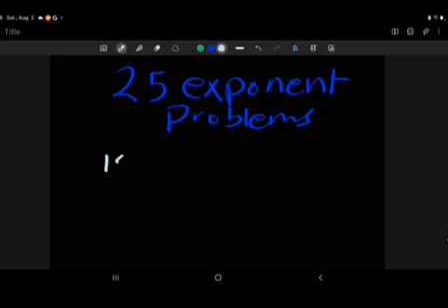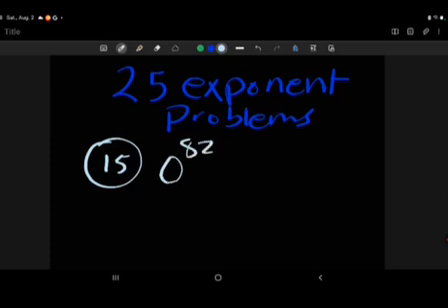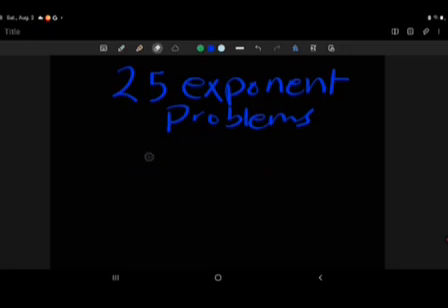Of course, last problem to bring this point home, 0 to the 82nd, so you multiply it a bunch of times, the answer is going to be 0. Okay, that's problem 15. How about problem 16?